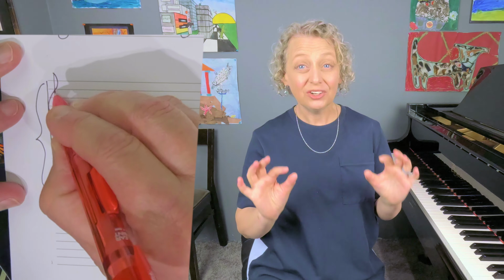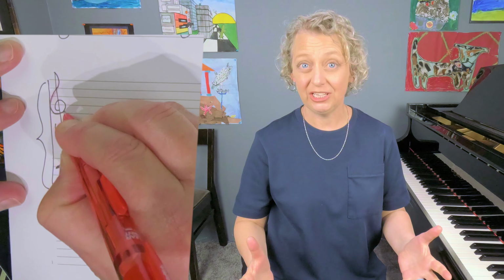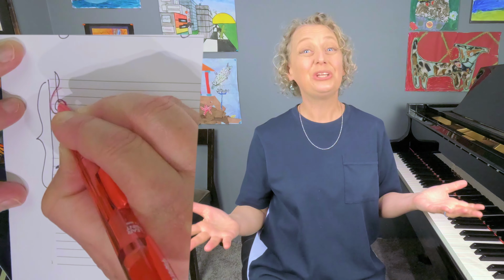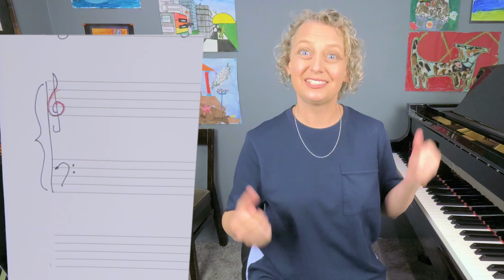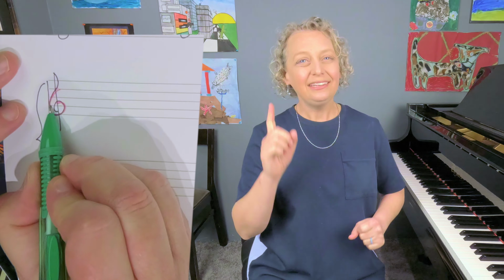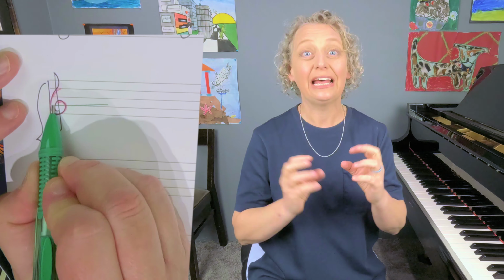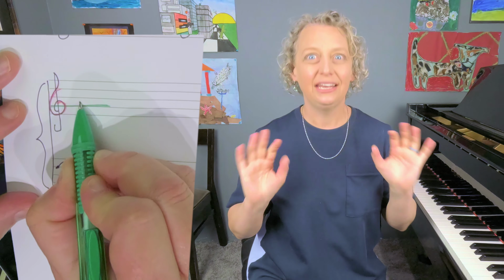The center of the part that makes the G circles the line on the staff that is where the note G lives. Anytime you see a note on that line, it is forever and ever a G. But wait, there's more. When you apply this to the piano, you can't just play any G you like on the piano. It is a specific G, the first G above middle C.